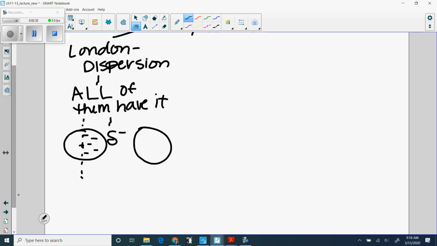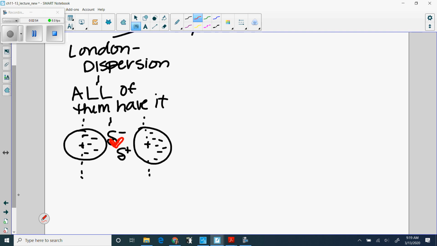Here's our next door neighbor. They also have that situation going on. The side that doesn't have the negatives would then be positive. That's the London dispersion intermolecular force.